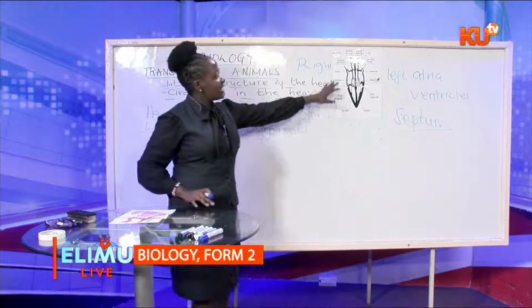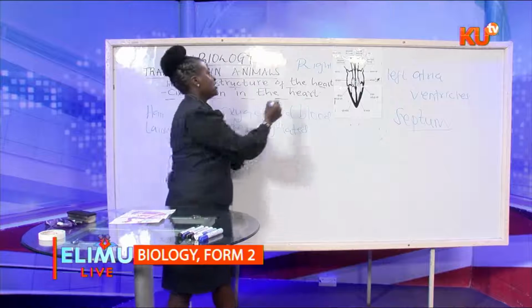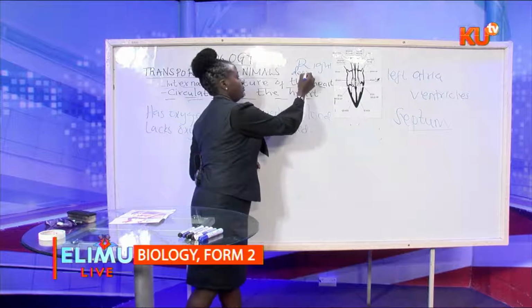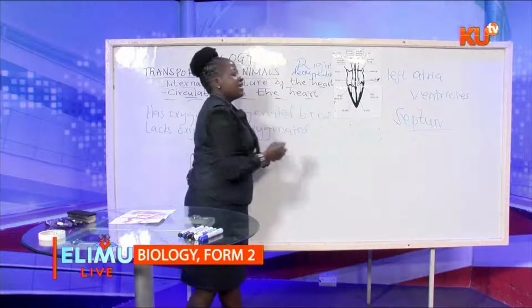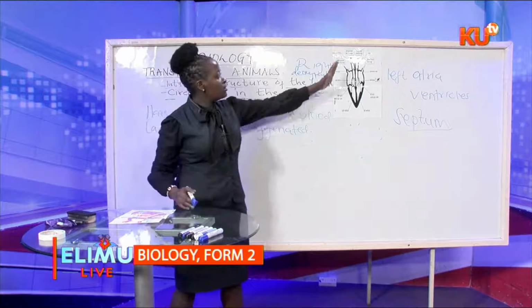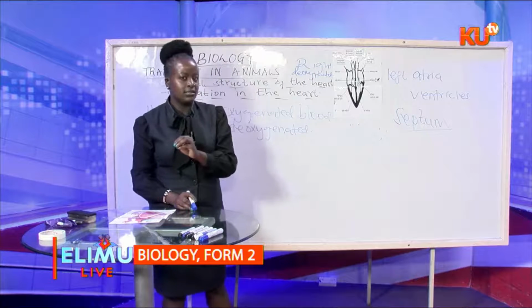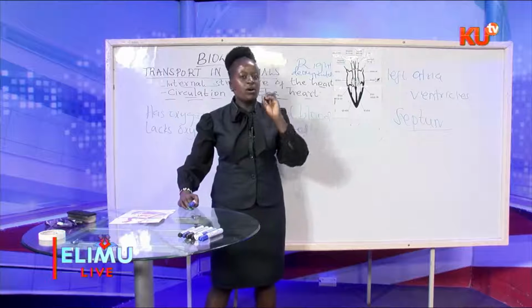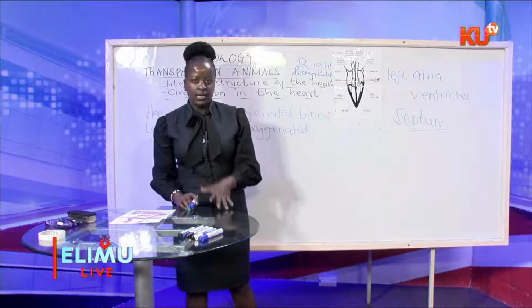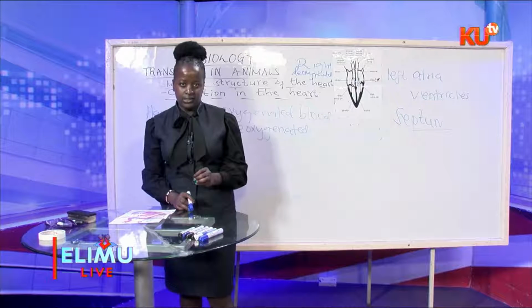Now the right side of the heart deals with deoxygenated blood, meaning that the blood that flows in the right side of the heart does not have oxygen. But the left side of the heart deals with oxygenated blood, and this means that that blood is rich in oxygen.